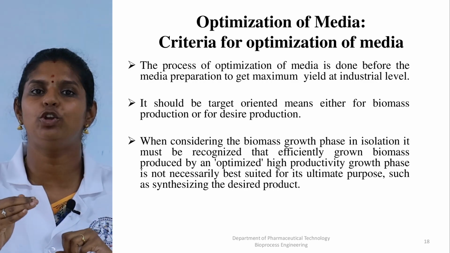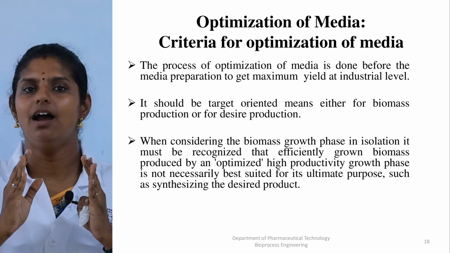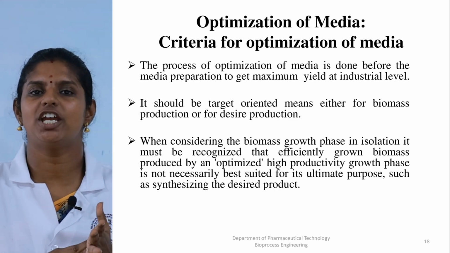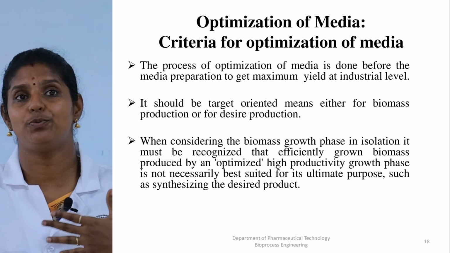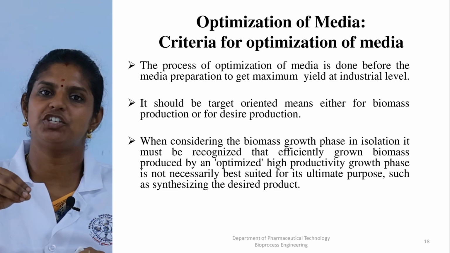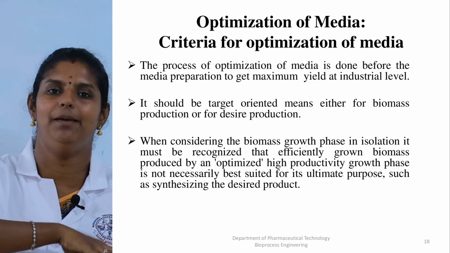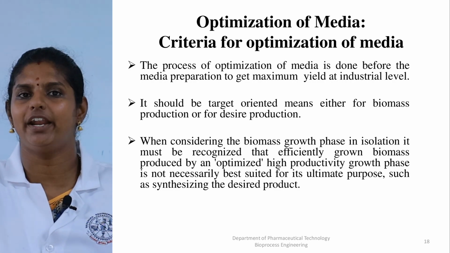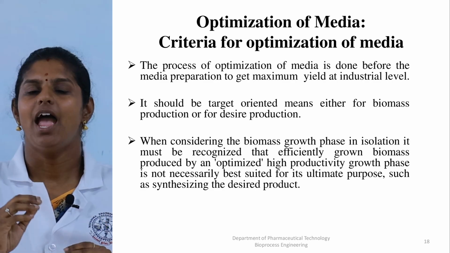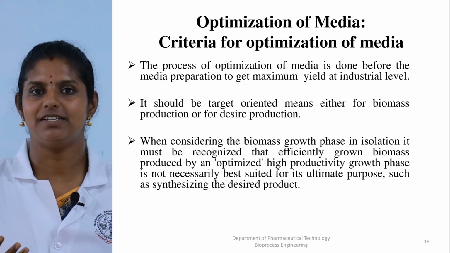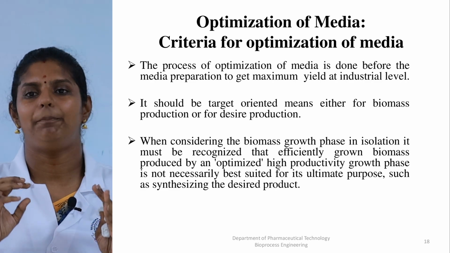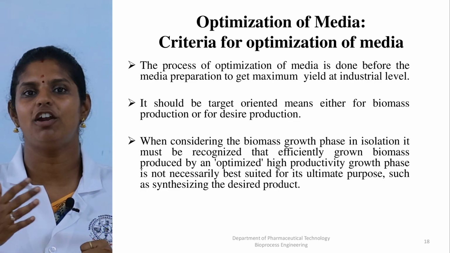Everything has to be optimized in the media. That optimization is a huge chapter to be discussed, and the optimized media will help us produce the desired product in a short time. There are different types of optimization, where the Plackett-Burman method and response surface methodology are used.